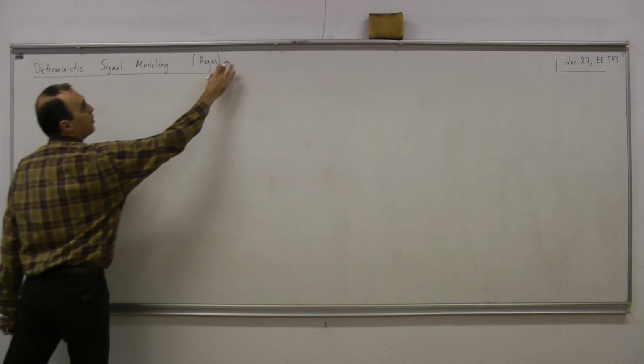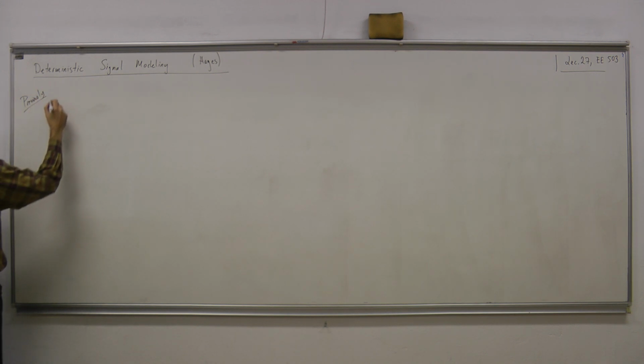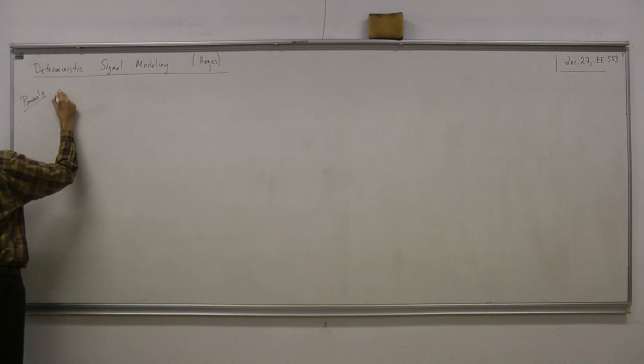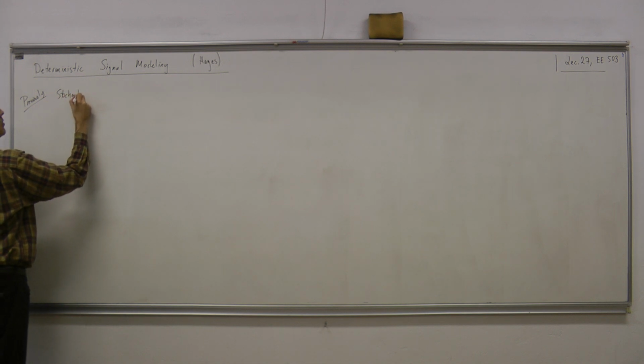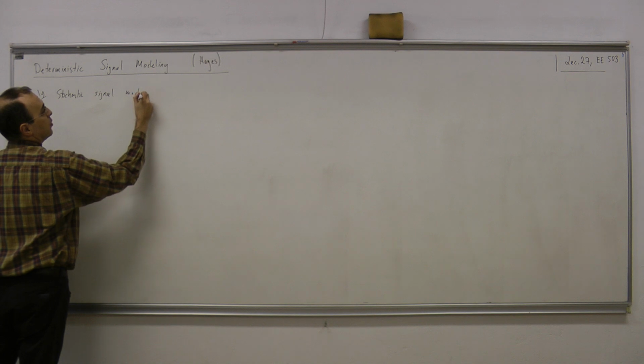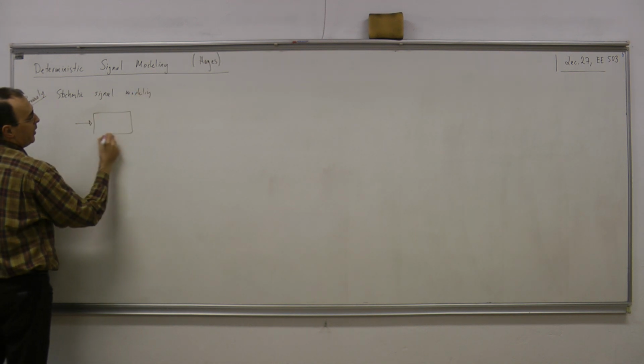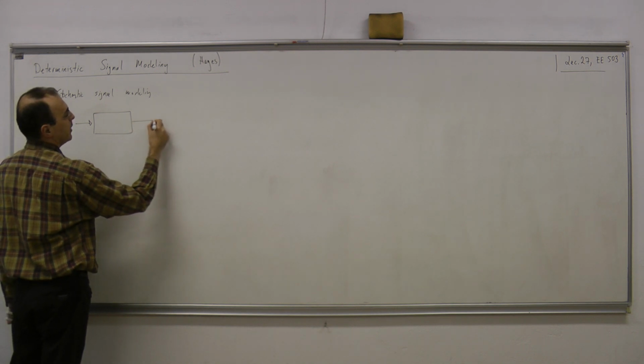So what we have said previously, let's remind ourselves. We had stochastic signal modeling. So what was that? Let's assume that we have in our hand a measured power spectral density.